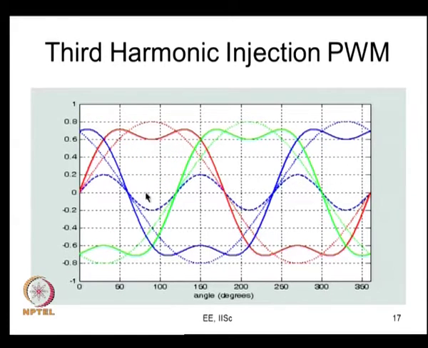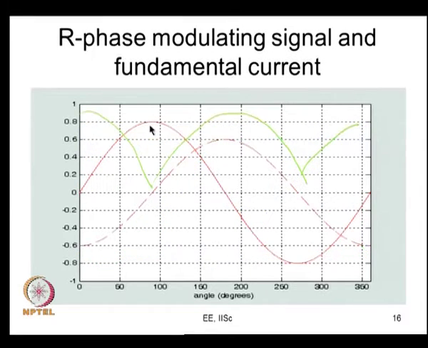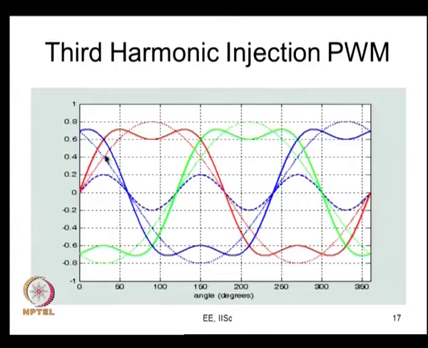So, the current would have a zero crossing at the peak of the fundamental voltage, and it will have its peak here. Here also the modulation index is 0.8, but you have just added a common mode component, so it does not matter. The fundamental voltage applied is still the same.